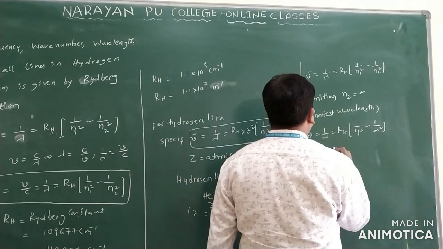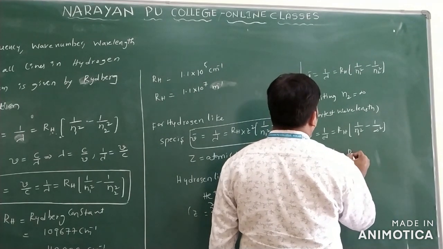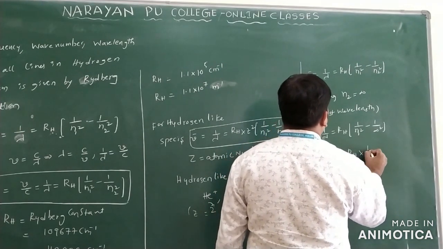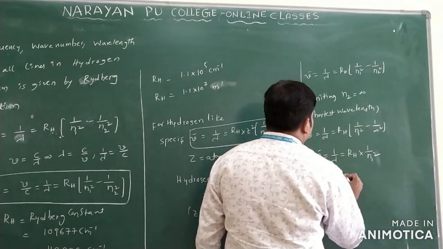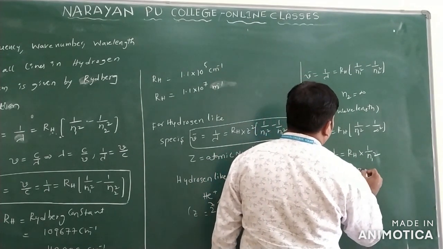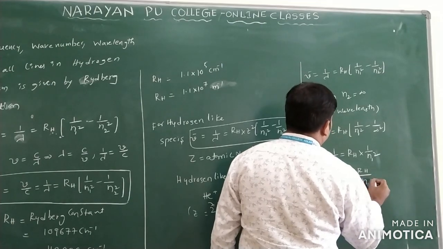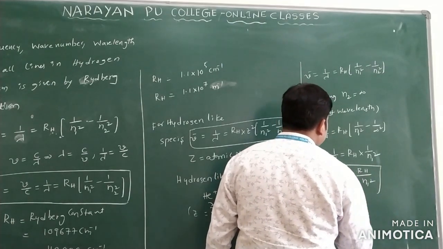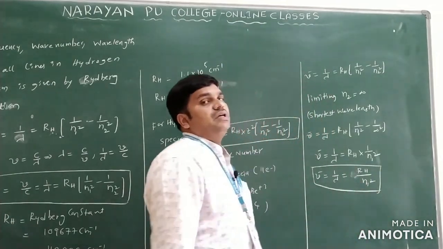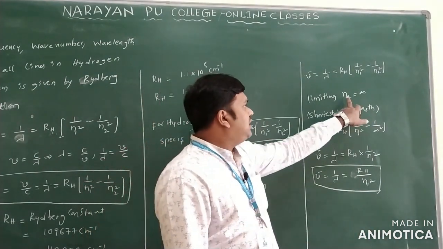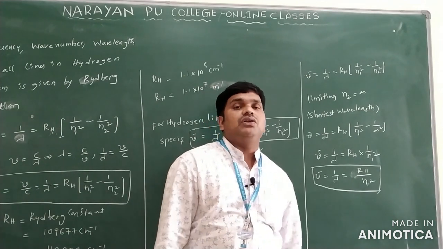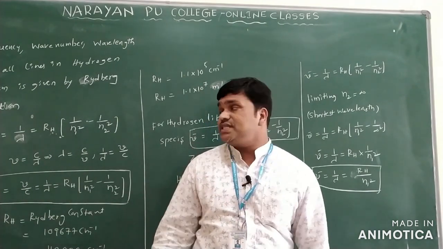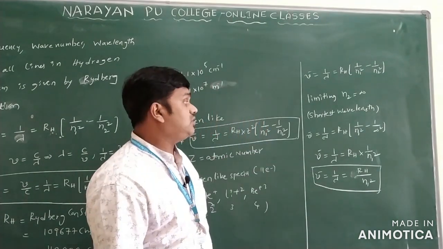Then you will get nu bar is equal to 1 by lambda, that is equal to RH into 1 by N1 square, or you can write RH by N1 square only. This formula is possible if they give the limiting line or they mention the shortest wavelength. N2 value can be taken as infinity only. So these are the different formulas we are using for the hydrogen spectrum.